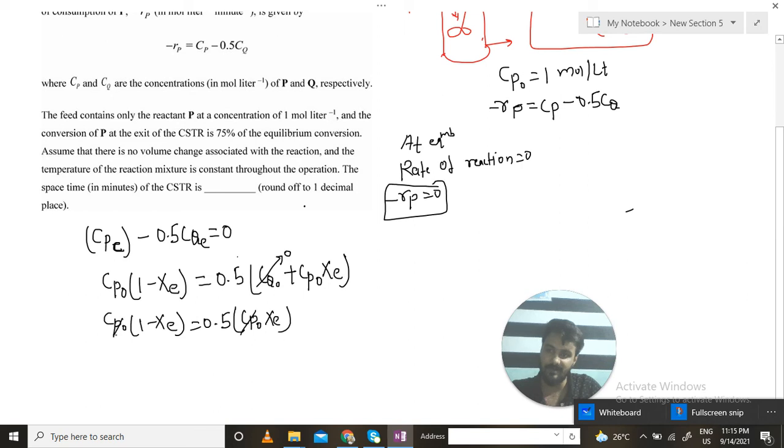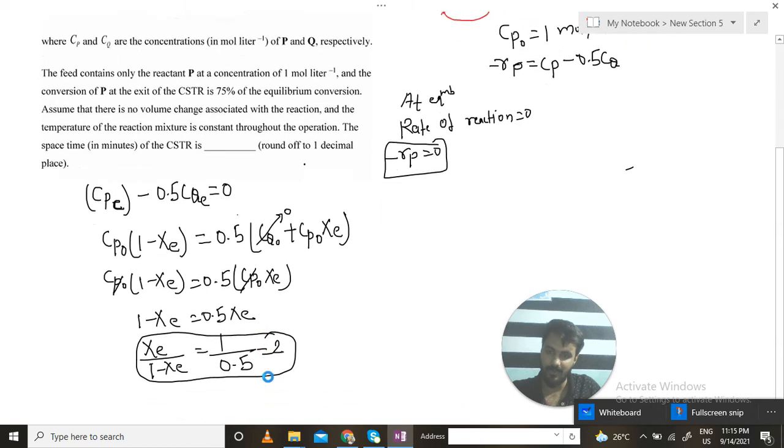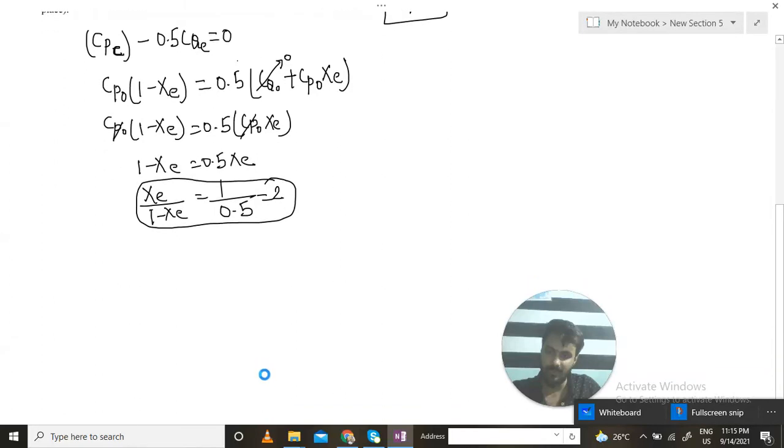Cp naught will get cancelled out, so 1 minus Xe equals 0.5 Xe. So Xe upon 1 minus Xe equals 1 upon 0.5, which equals 2. So you have derived these things. Now you can generalize these things in this way, so I am just generalizing it here.